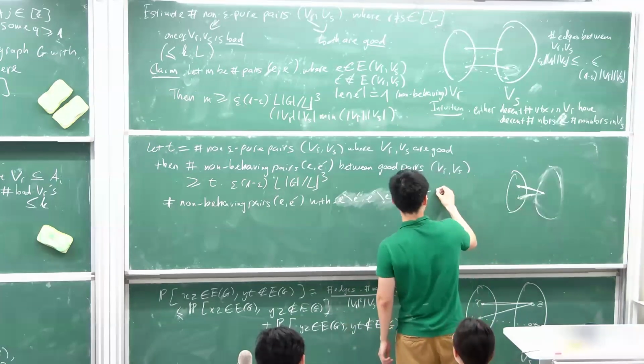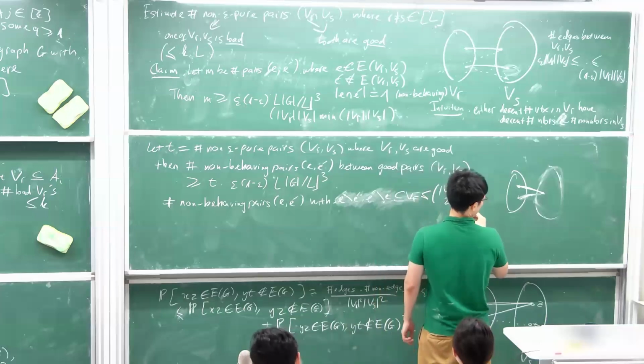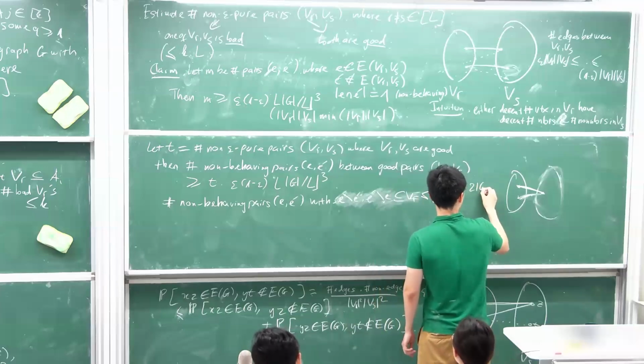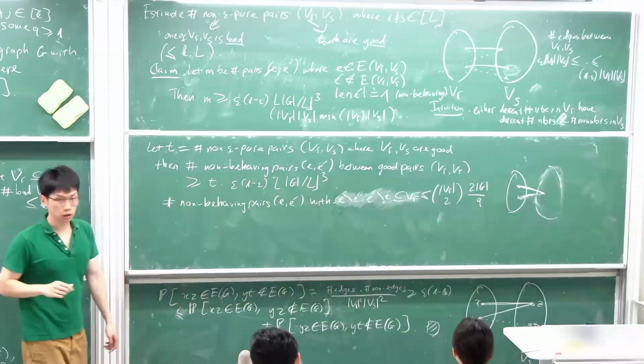Every pair, so it's going to be PR plus 2 times 2E divided by Q. Okay.